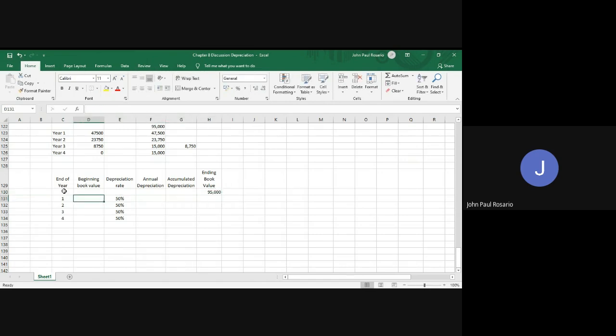Okay, so our beginning book value for year one is equal to this one, which is the ending book value of the prior period. And since this is new, then we use it as our very beginning book value for year one. And our annual depreciation for year one again is this one times this one.